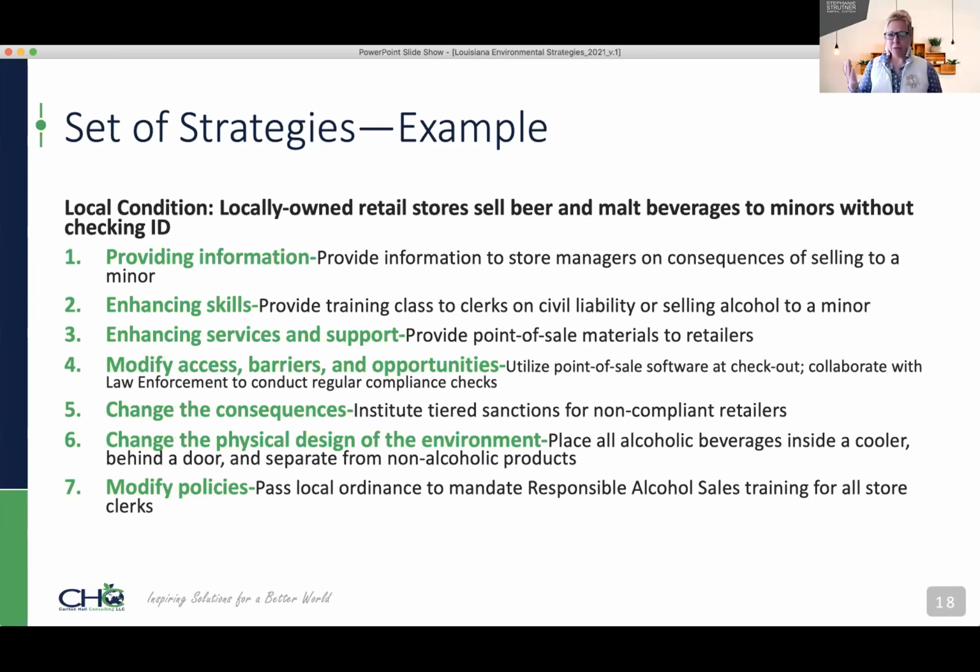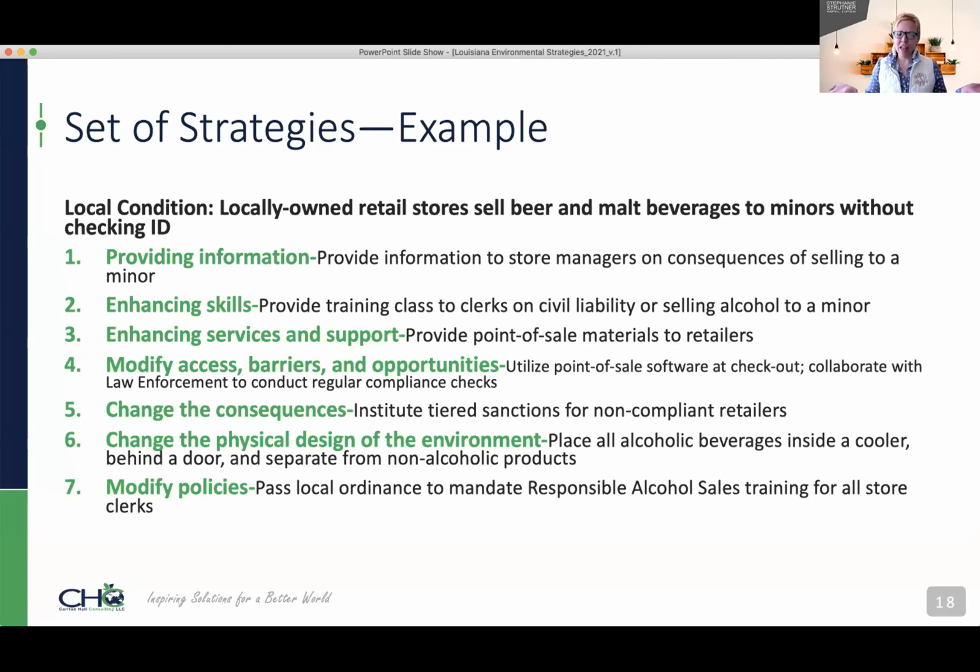Changing consequences might look like instituting tiered sanctions for non-compliant retailers. So if you consistently are non-compliant with underage drinking laws, you don't just get a slap on the wrist and a $250 fine. The stores in my community are making way more than $250 a day by selling alcohol. So if you come in and fine them $250, that fine doesn't meet the crime.